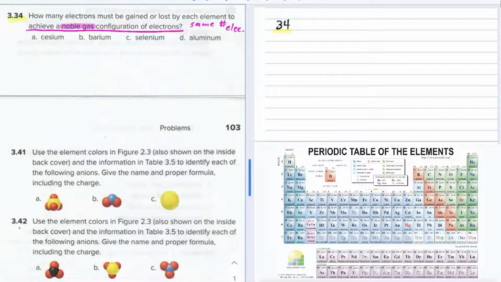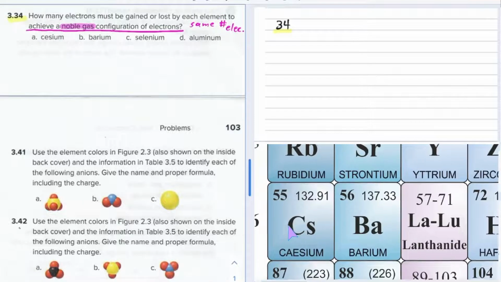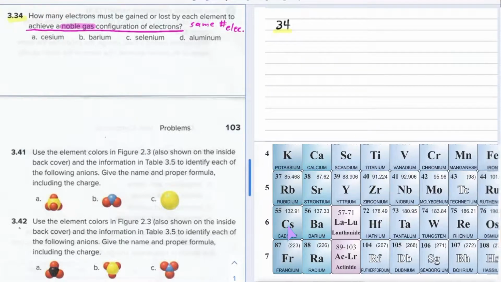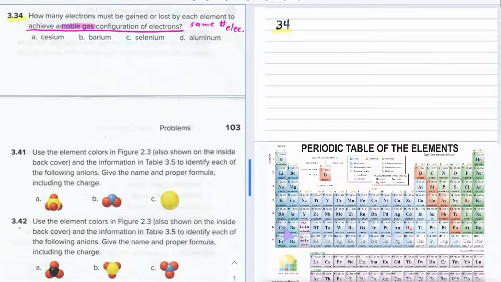So look at cesium on the periodic table. You can find it over here. It's element 55. And then look at the noble gases on the right-hand side. There they are. That's the noble gas column, group 8A, or group 18, depending on which numbering scheme you're using.